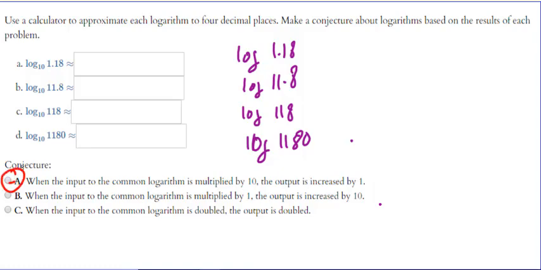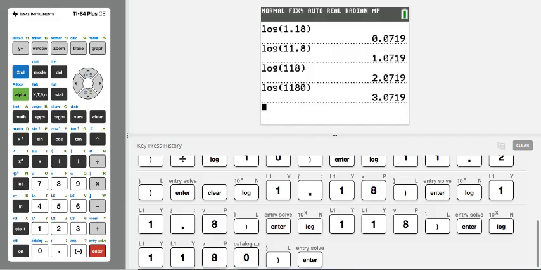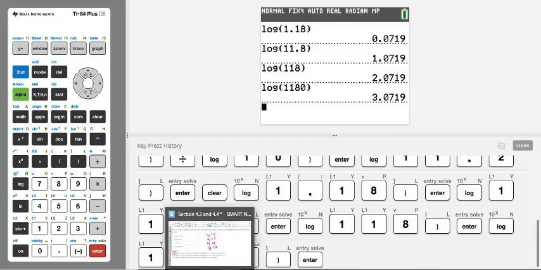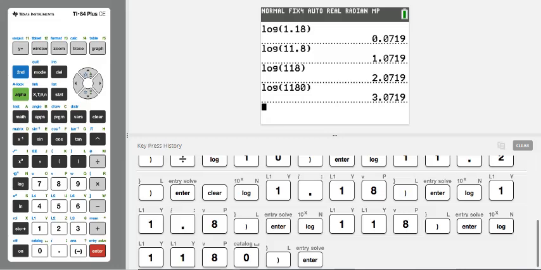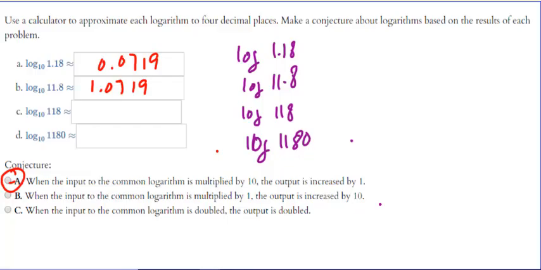And so that's what we saw. And here are your answers to all those, right? 0.0719, so 1.0719, 2.0719, 3.0719. Okay, so that's what that's looking at.